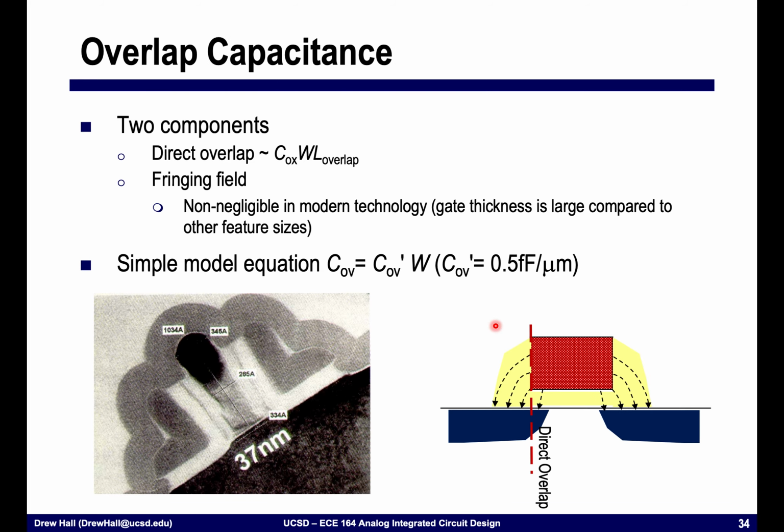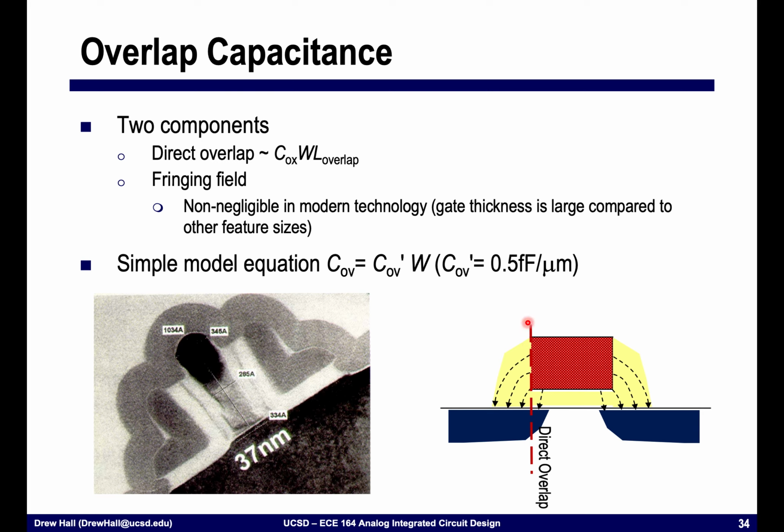All right, so this overlap capacitance is simply equal to the width of the overlap times Cox. However, if you look at the 3D geometry of this, you quickly realize that in addition to this direct overlap capacitance, there are a lot of fringing electric fields coming off of this due to the asymmetry in the height, since it's a very tall device.